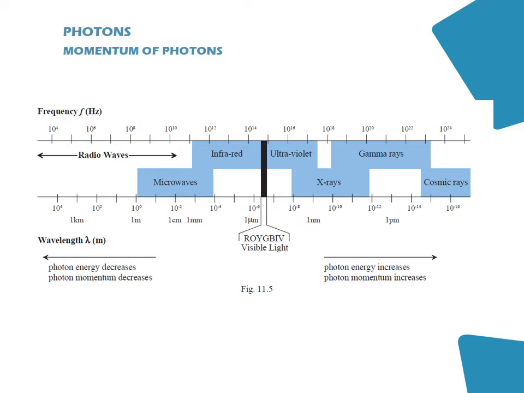So here's our old friend, the electromagnetic radiation spectrum. Down the larger wavelength end, where my wavelength is increasing, where I've got radio waves, if we have a big wavelength, it means that our frequency, which is given by 1 divided by the wavelength, if this number here is large, then our frequency is going to be small. So wavelength big equals frequency small down that end of the spectrum.